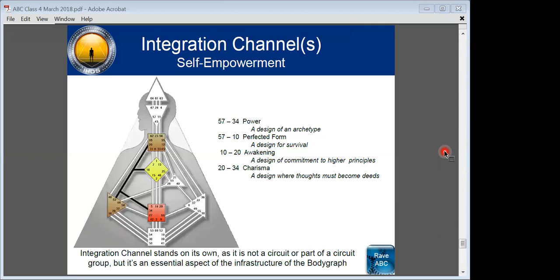You'll just do your own research and find that out. But what the original, the white book, talked about was a design where awareness must become deeds. And of course, where we know the awareness comes from in this area is really an awareness in the now that comes from splenic awareness, not the mind. It's body awareness. It's all about the body's awareness.